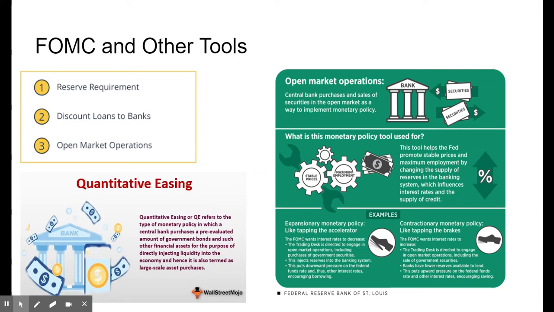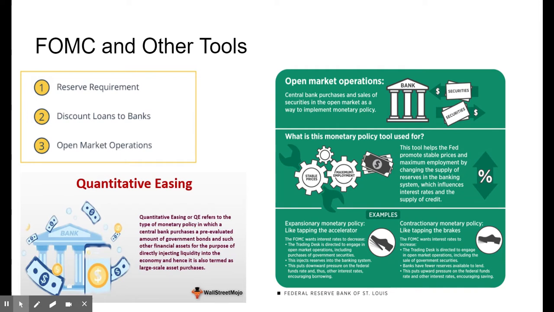So the Federal Open Market Committee wants interest rates to increase, and they want to remove money from the system. So the trading desk is directed to engage in open market operations, and this time they will sell bonds. And these bonds are attractive because they're stable, they're from the government. You get your money back with interest eventually, and so banks are eager to buy them, and when they buy them, they, of course, turn over some of their money.